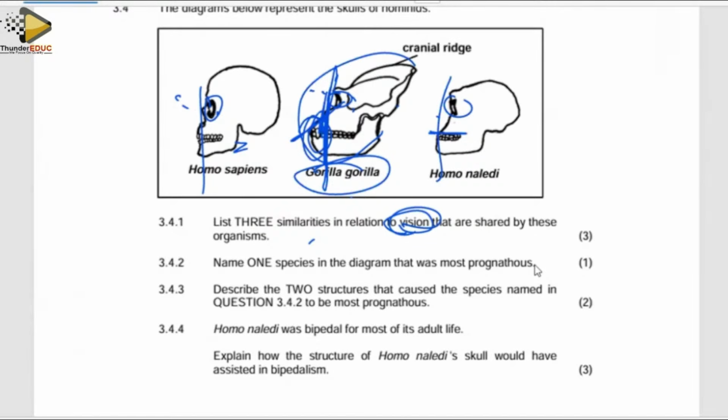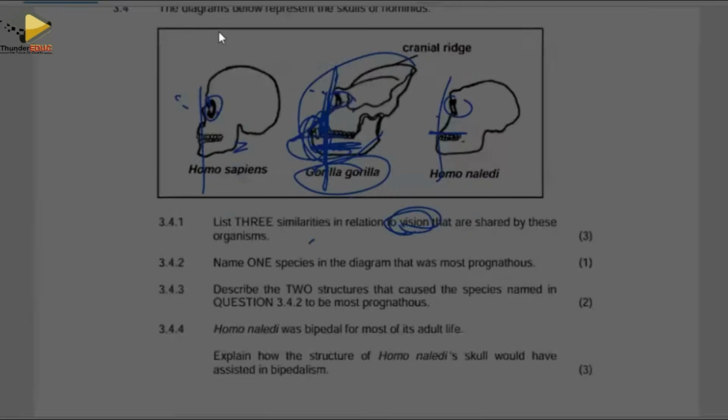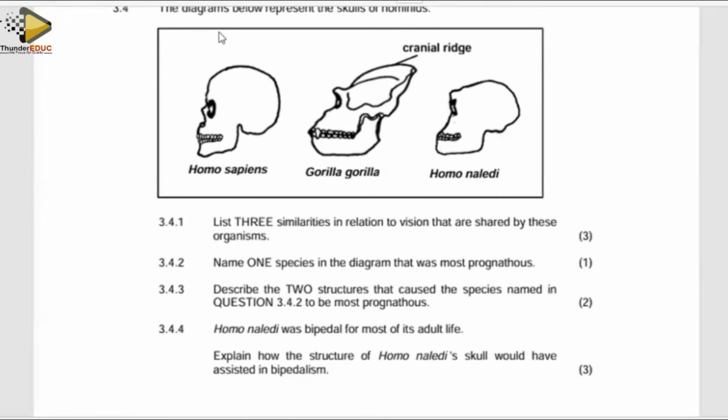The jaws are larger compared to this. And also, let's look at the canines. Its canines are big. So these canines require enough space. That's why they have protruded out. So large canines or large teeth, and also the large jaws, make them more prognathous.